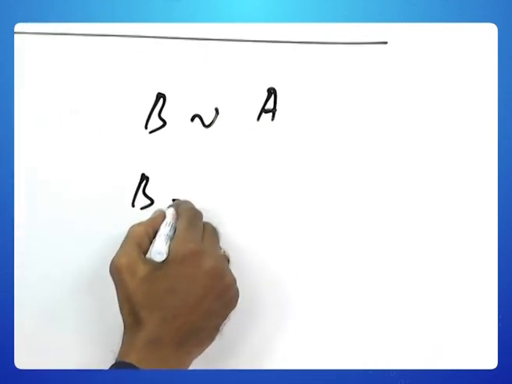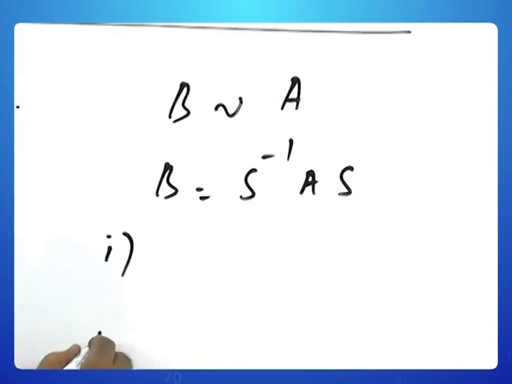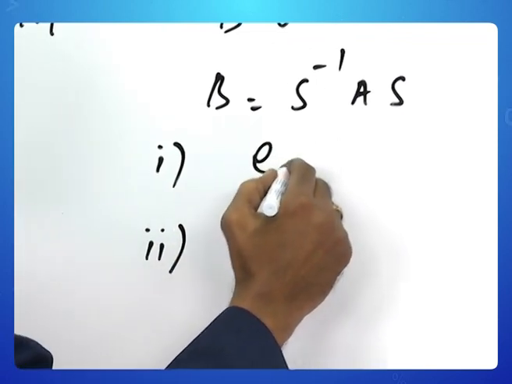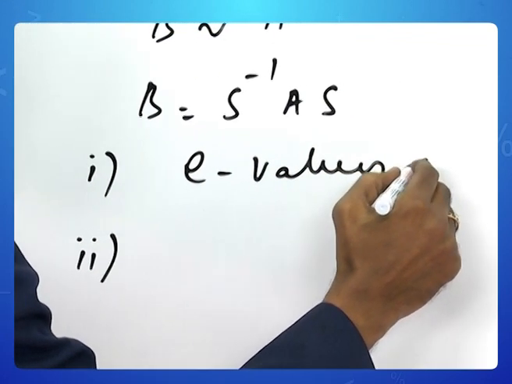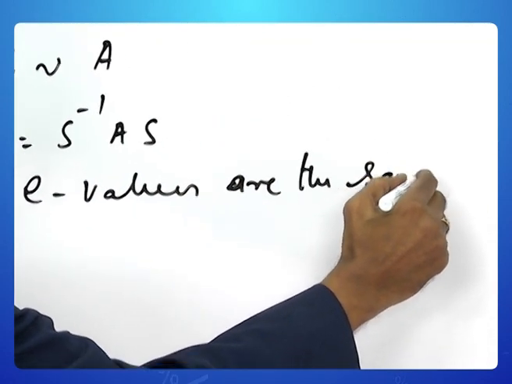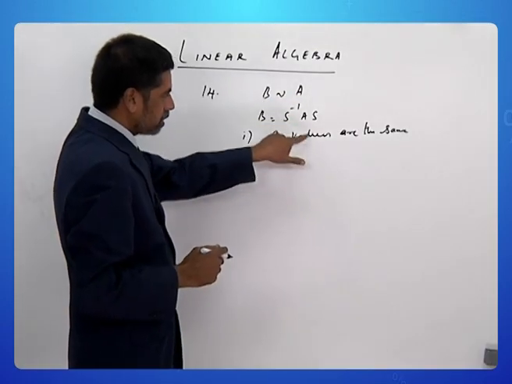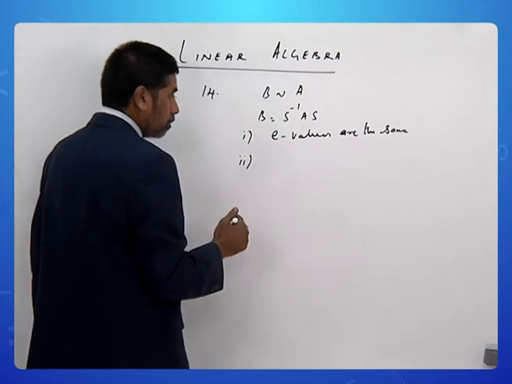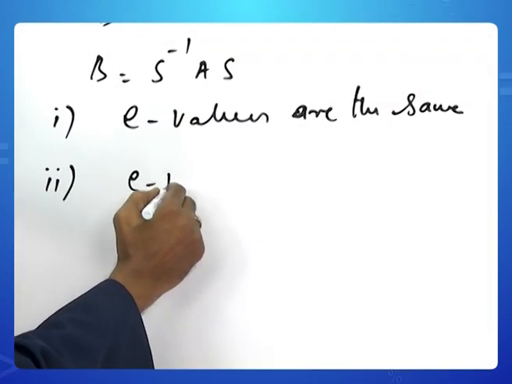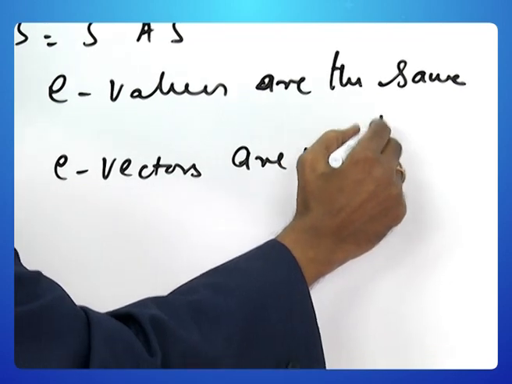That means B can be written as S inverse AS. There are two very interesting properties to be remembered about similar matrices. One is eigenvalues are the same, because if you carefully work out, both of them will have the same characteristic equation using this definition. Number two, the eigenvectors are not the same.